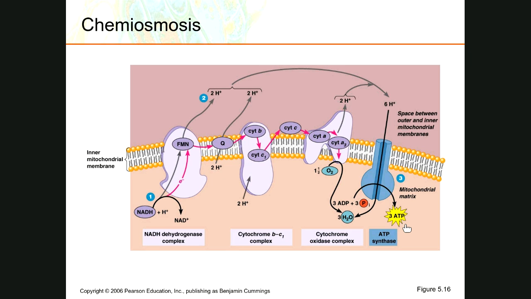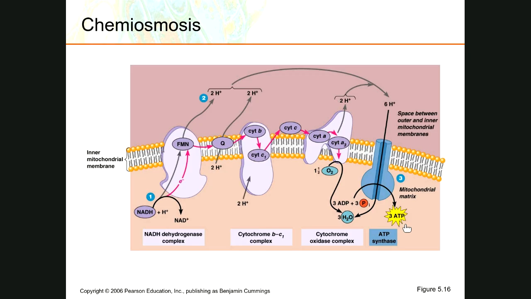Because at this point, ATP synthase cannot use ATP to make more ATP, right? Because making ATP requires energy, and that source of energy cannot be ATP because there would be no net gain, right?